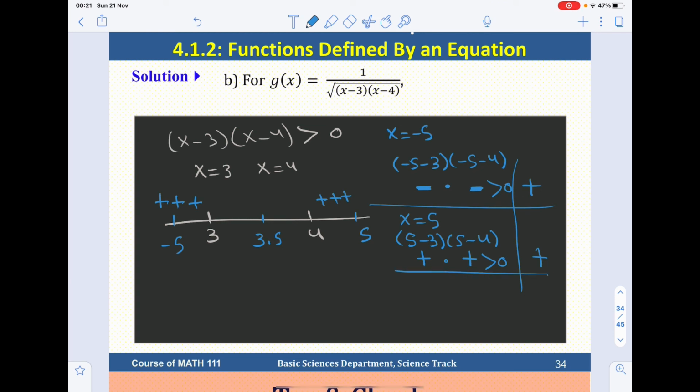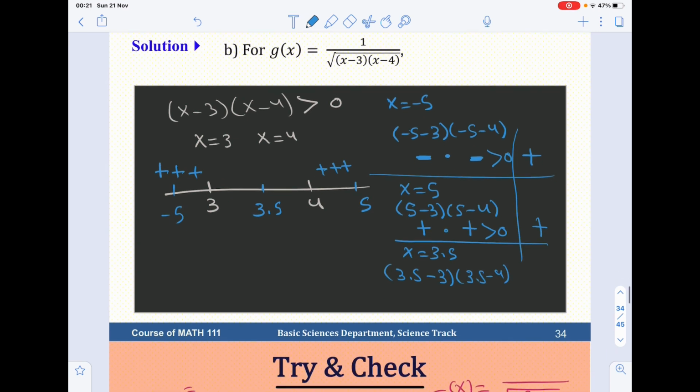And for x equals 3.5, I would have 3.5 minus 3, then 3.5 minus 4. And you know that 3.5 minus 3 is positive, since 3.5 is more than 3. And 3.5 minus 4 is negative, since 4 is more than 3.5.